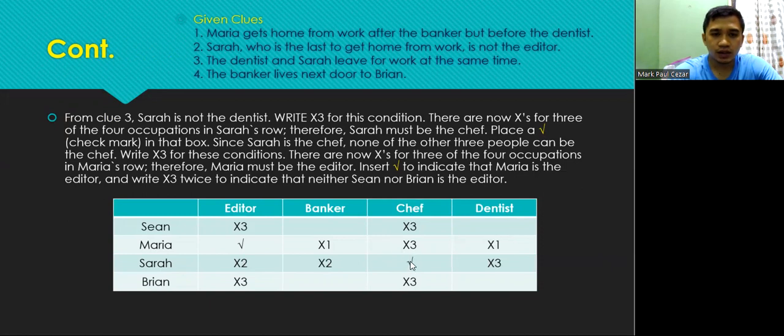So it means that Sarah could be our chef according to the clues. Since Sarah is the chef, none of the other 3 people can be the chef. So we can now put an X mark here for Sian as the chef, Maria as the chef, and Brian as the chef, because we already have Sarah as our chef.